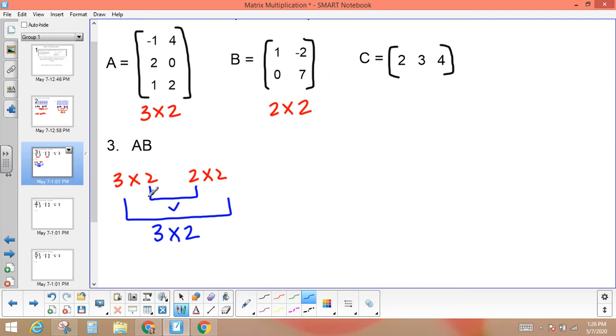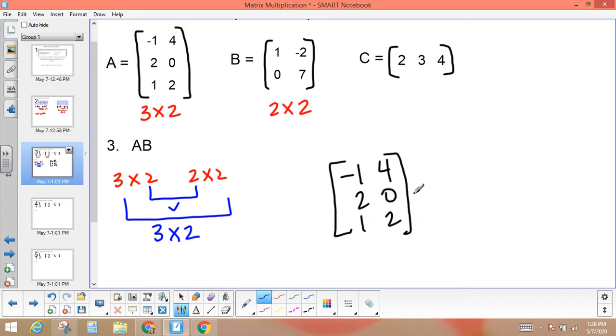All right, so if I have matrix A, I'm going to go ahead and rewrite them so that I can just have them a little handier. All right, so I want to do this times this.